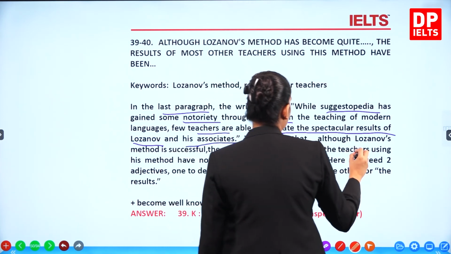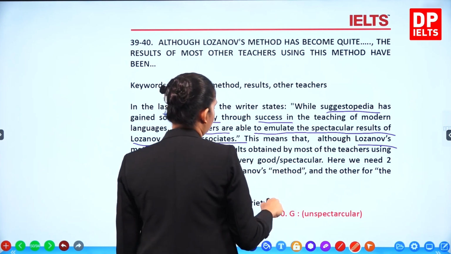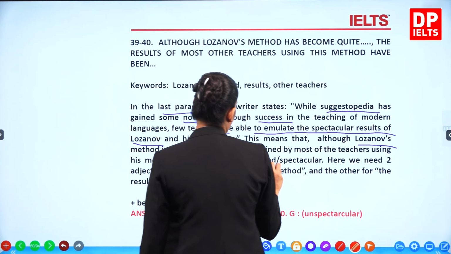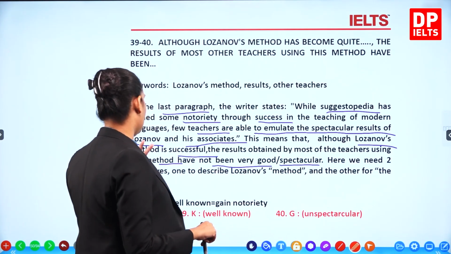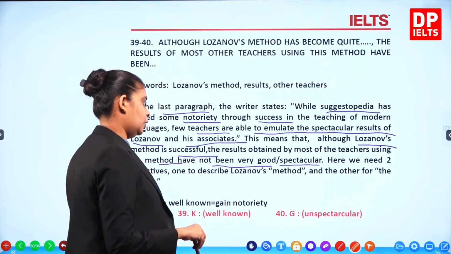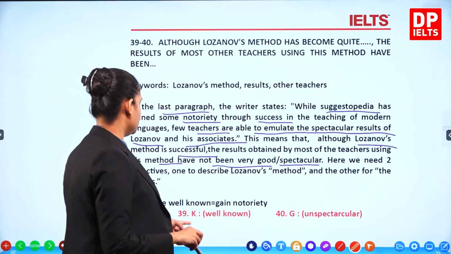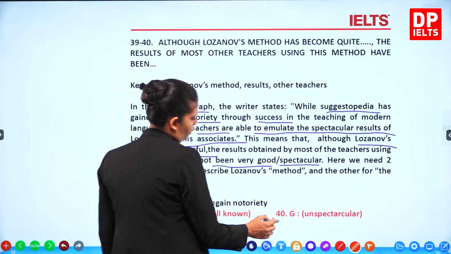This means although Lozanov's method is successful, results obtained by most of the teachers using his methods have not been very good or spectacular. Here we need two adjectives, one to describe Lozanov's method and the other for the results. So answers would be 39 K, well known, 40 G.